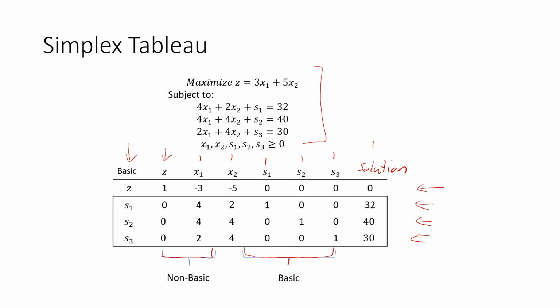That is wrong. It should be that these 2 are the non-basic variables, not z. X1 and X2 are the non-basic variables. So if you think back to your linear algebra, we had the idea of basic variables and free variables. Free variables were the things that you could set to whatever you wanted, and then you would calculate the basic variables.